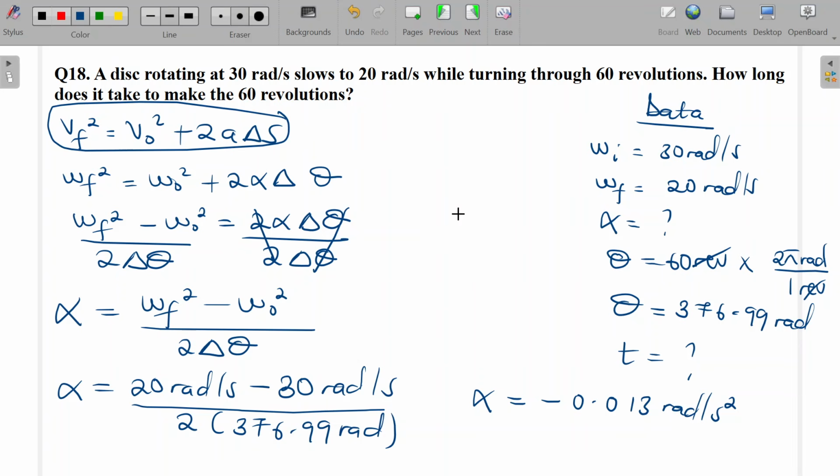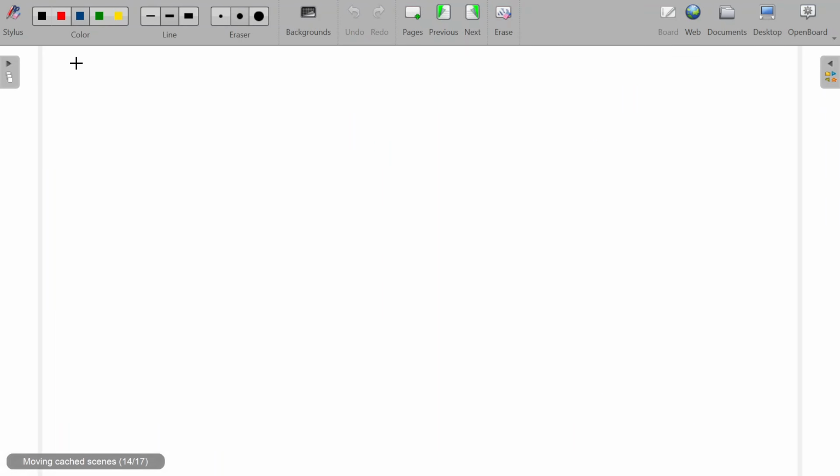So they want us to find the time. Since now you have the acceleration, you can use another equation, which we know: v final is equal to v initial plus acceleration times time. You change this and come this side: v final minus v initial is equal to acceleration times time.